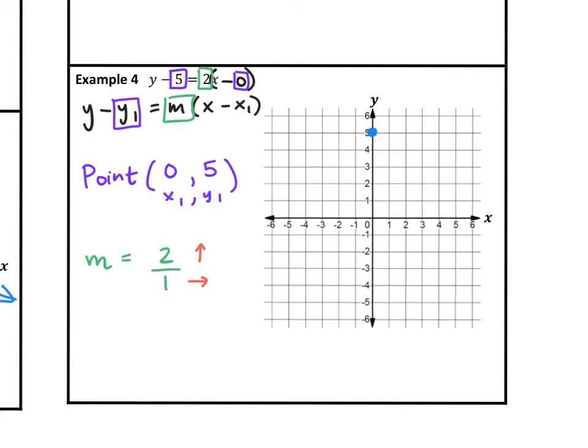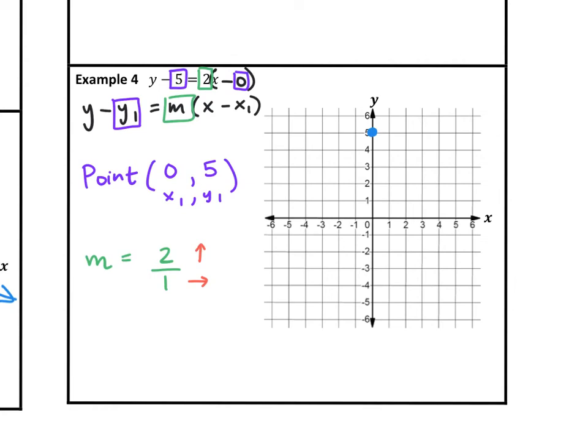I guess it is, right? I'll show you what I mean in a little bit, but okay, so we're at 0, 5, and the slope tells me to go up 2 and to the right 1.